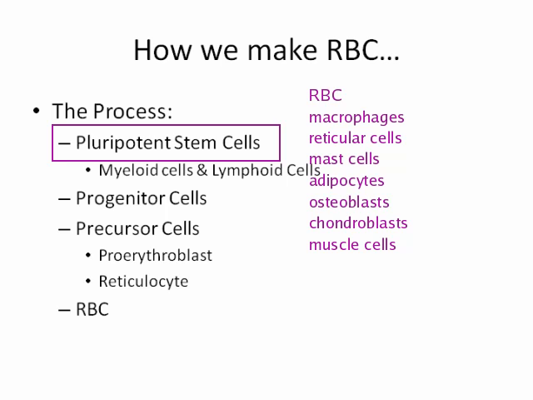We are not interested right now in anything in here. The only thing we are concerned about are these guys, the red blood cells. That is all that we are concerned about right now.